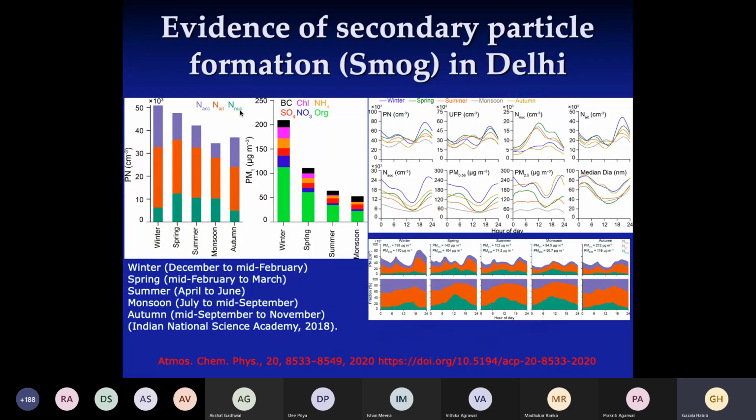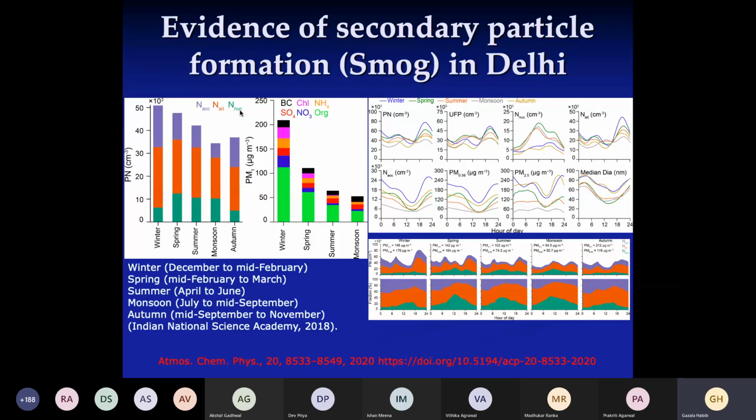You see the smog formation in post monsoon, just before winter, during October, November. In Delhi the winter starts after December. The coldest months in Delhi are December and January, right?